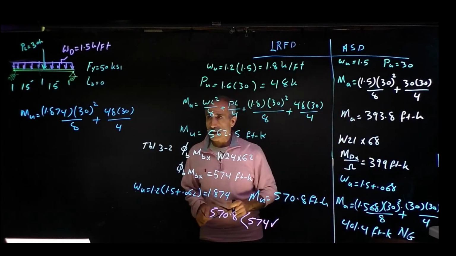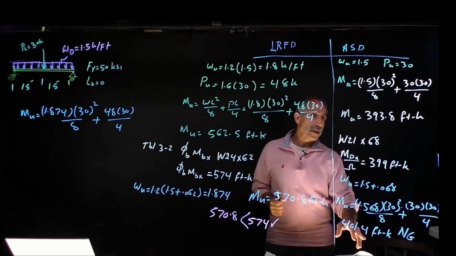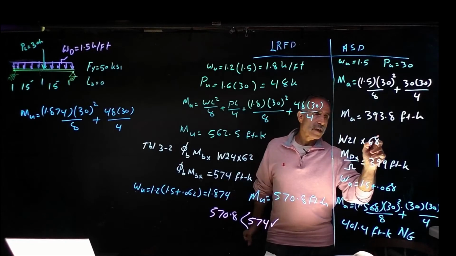We're going to go ahead and select something bigger from table 3.2. Because this didn't make it, we're going to pick a bigger size. Let's cross this out.